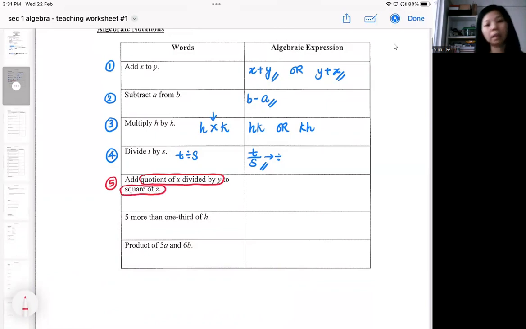A lot of students will be a bit confused by this part. When we say quotient, that is like a fraction. So I'm going to add the fraction. What fraction is that? The fraction is x over y. I'm going to add the fraction to the square of z. Square of z will be z squared.